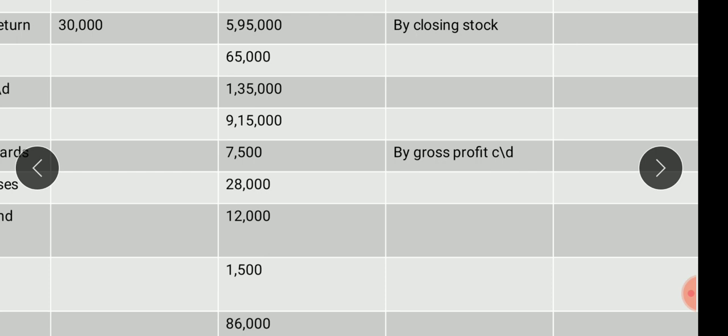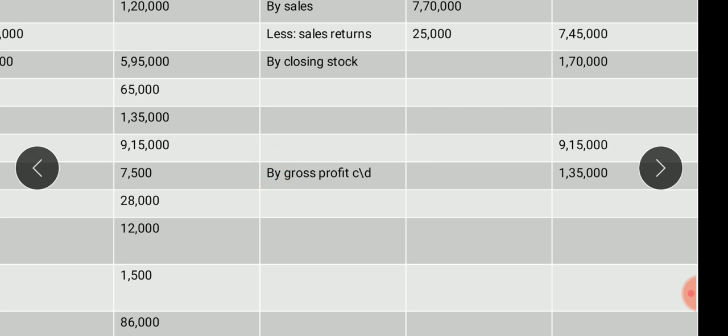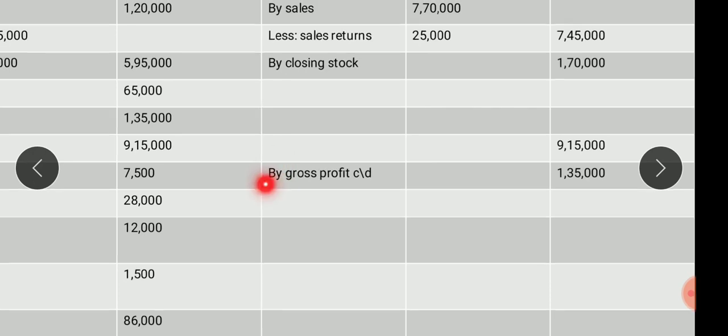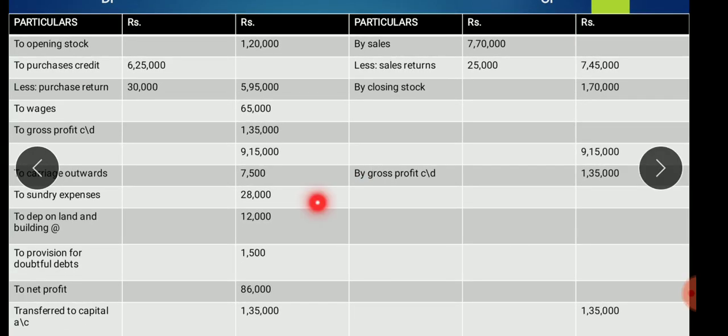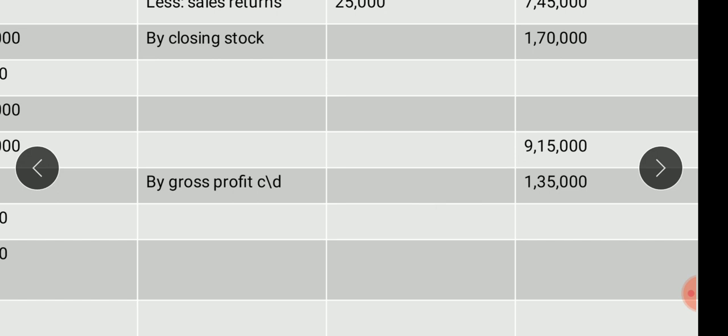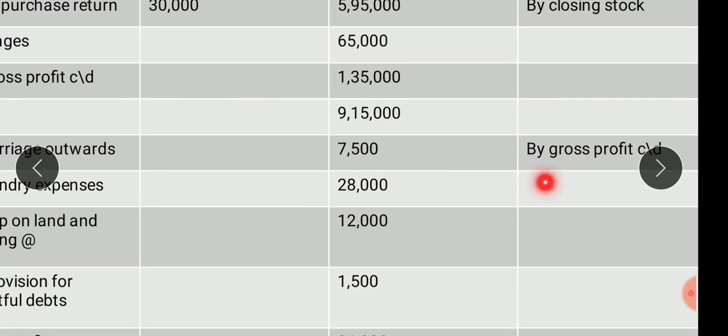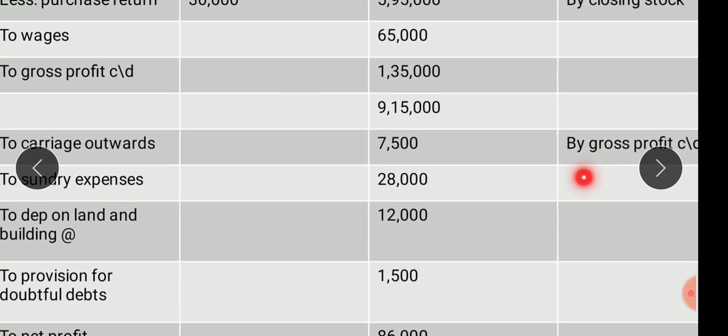This value is immediately transferred to the credit side of the profit and loss account. So by gross profit 1,35,000. Then on the debit side of the profit and loss account, all the expenses will appear.